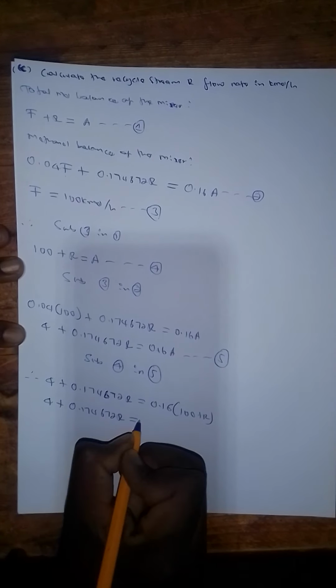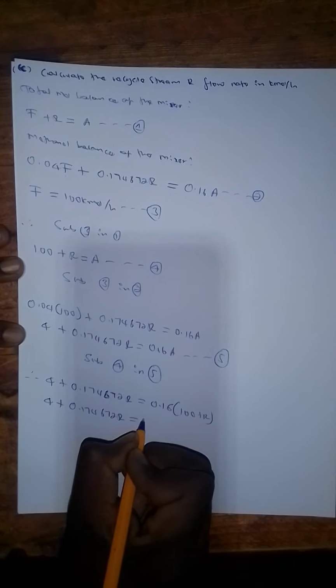Doing the simplification, we are left with 4 plus 0.174672 R is equal to 16 plus 0.16 R. Now we only have one unknown, which is R, so we take everything to one side.